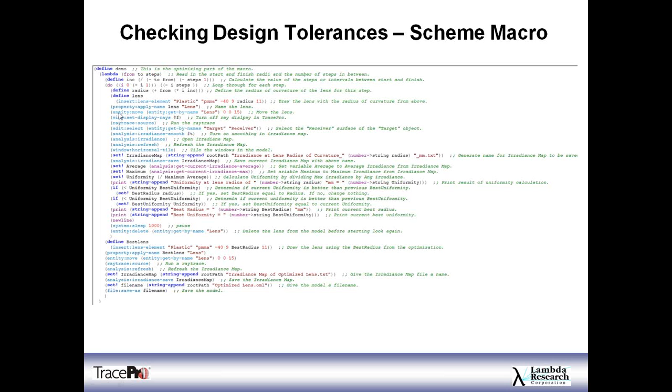It's being done in the macro: insert lens element, material, position, radius of curvature, and thickness. But you could also use the insert lens, and there's an aspheric section on the insert lens dialog box in TracePro for doing aspheric terms.